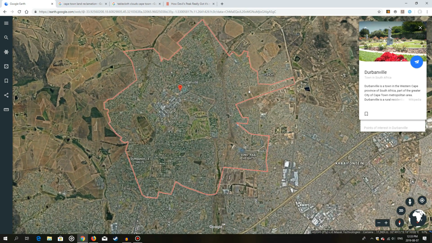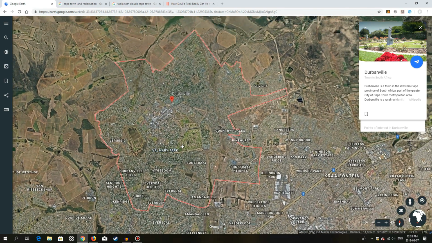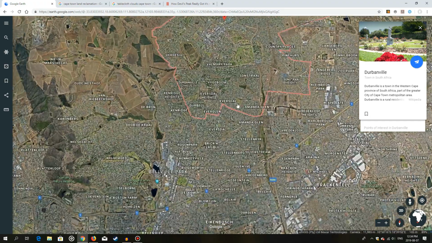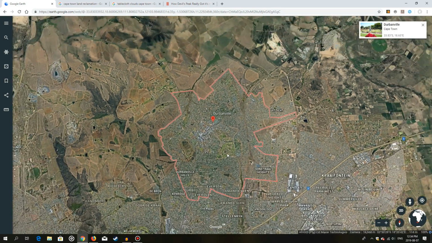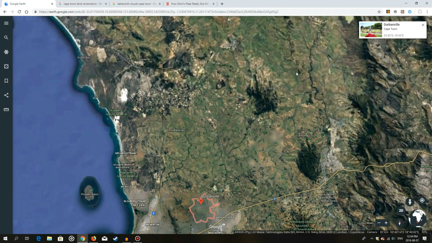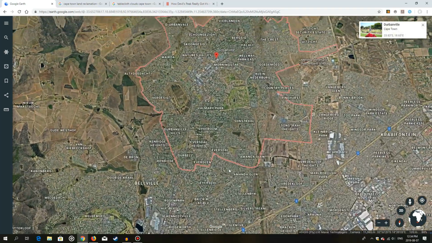And Durbanville very much still has this feeling of being a town unto itself, and that's one of its nice features. It has an almost rural town feeling in a way, but it's still part of Cape Town. It's also partly because it's surrounded by farmlands on most sides, which are still of course part of the city of Cape Town as well.